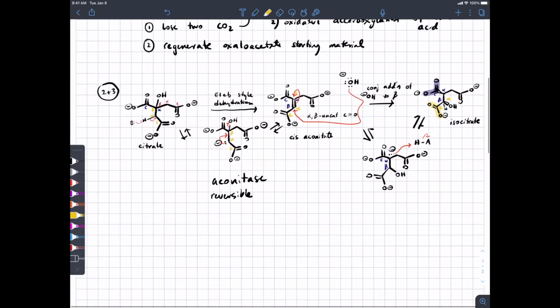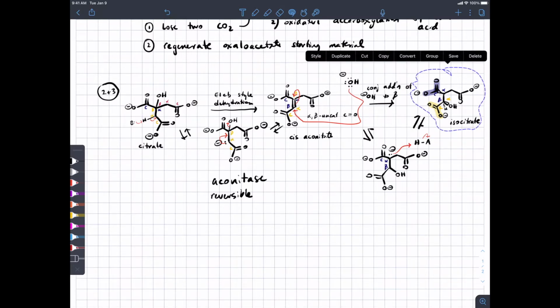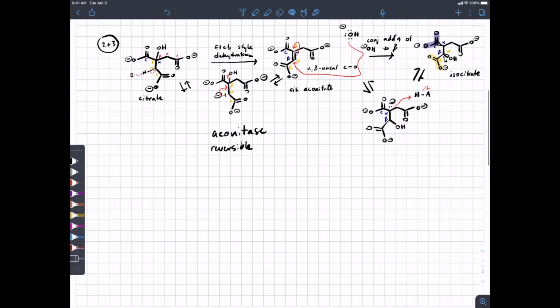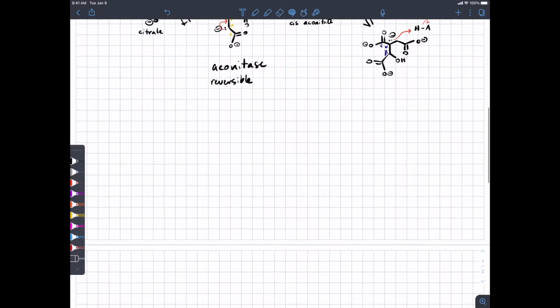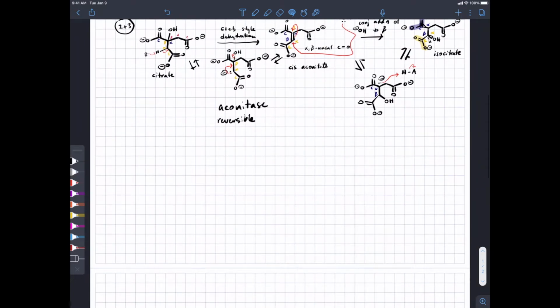Okay, so let's take isocitrate to the next step. And this is where we're going to oxidize isocitrate to the corresponding ketone.